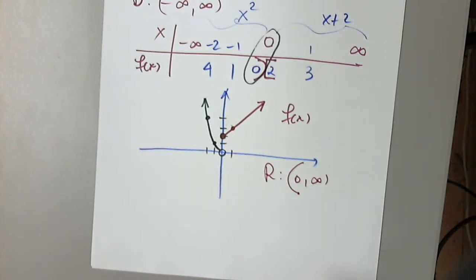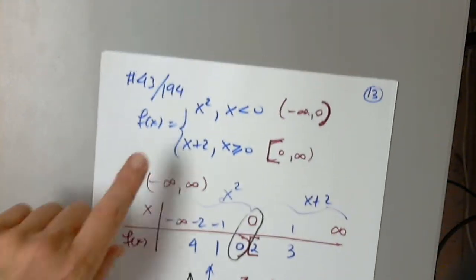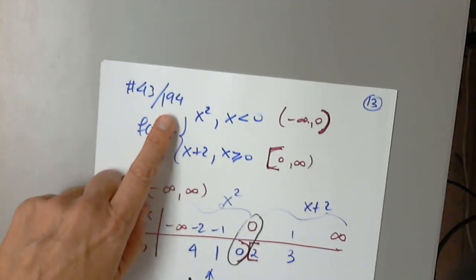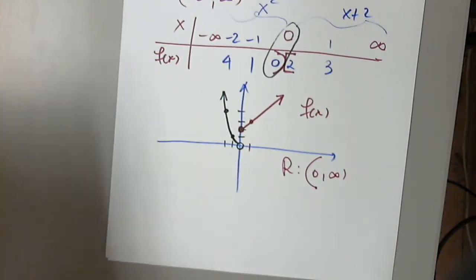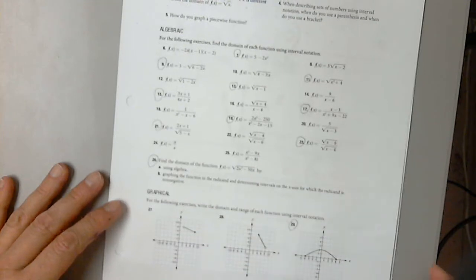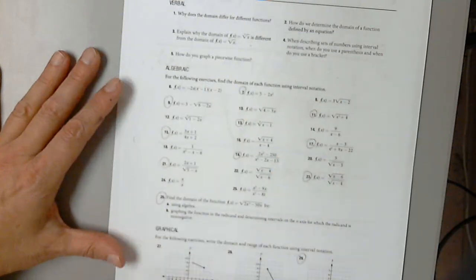Yes, please. 194, right here. 43 on page 194. Good. So now we have some work to do concerning domain. So all these functions, pick anything you want, and let me know what you would like to determine the domain for. So we want to pick 19?